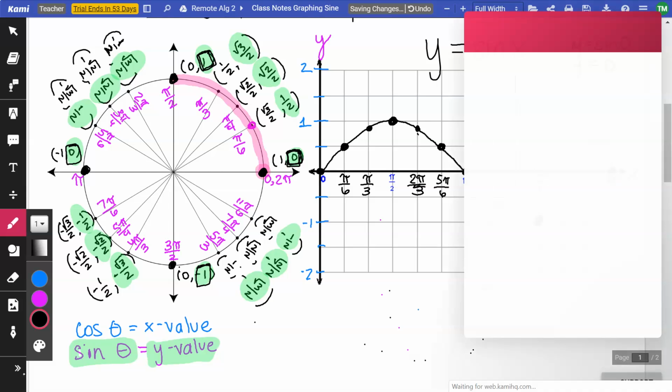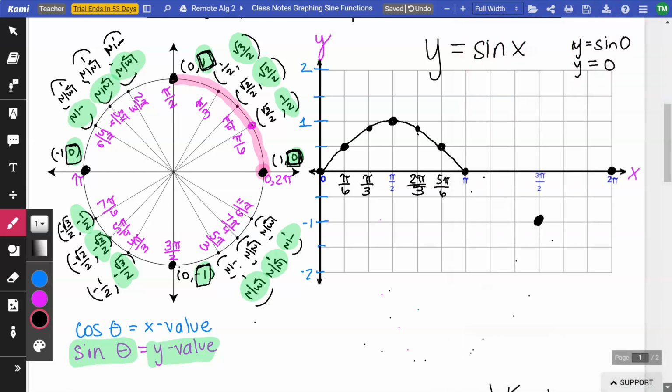So then this would be 7 pi over 6. This would be 8 pi over 6. 9 pi over 6, which is 3 pi over 2. 10 pi over 6, 11 pi over 6, and then 2 pi, or 12 pi over 6, which reduces to 2 pi.